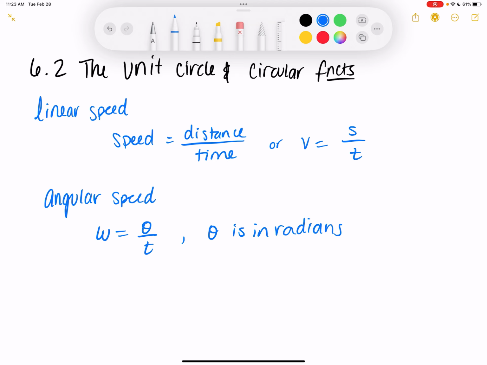All right, so they say to find the exact value of each function. So the cosine of 5 pi over 3 is what?